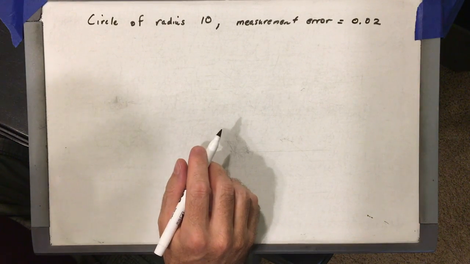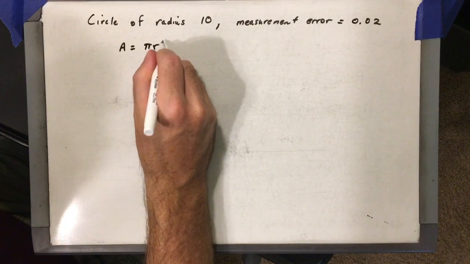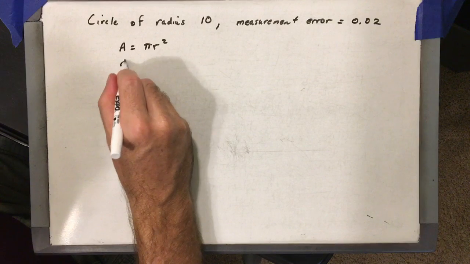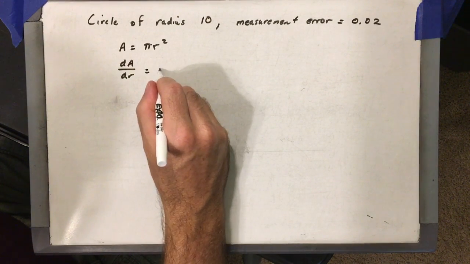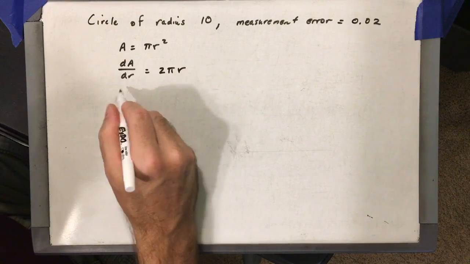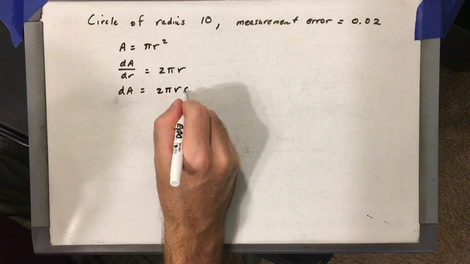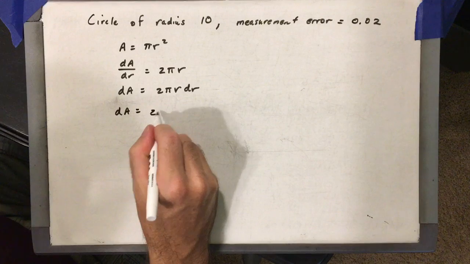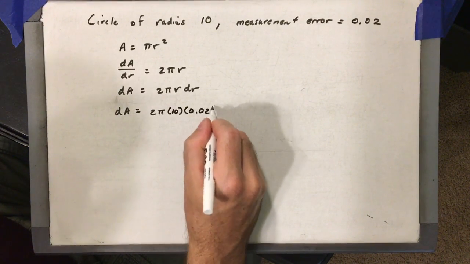Okay, so we know that the area is equal to pi r squared for a circle, right? So we need to get the derivative dA dr is equal to 2 pi r. So dA, our propagated area, is equal to 2 pi r dr. So dA is going to be 2 pi times 10 times 0.02.